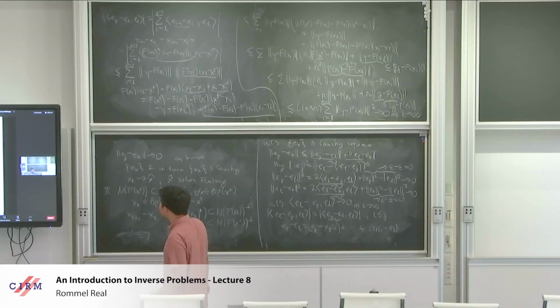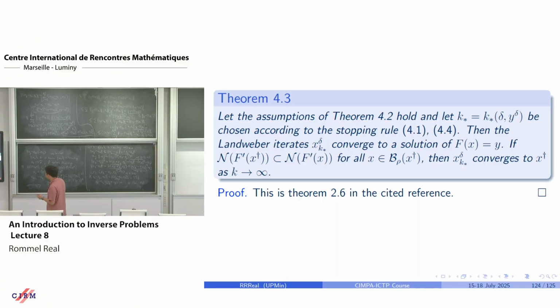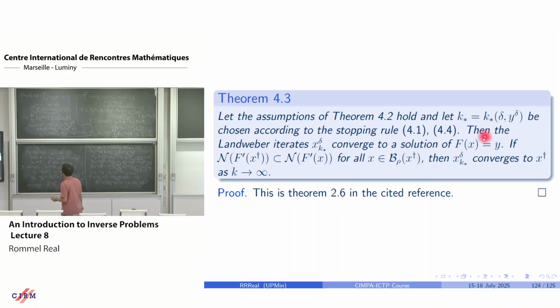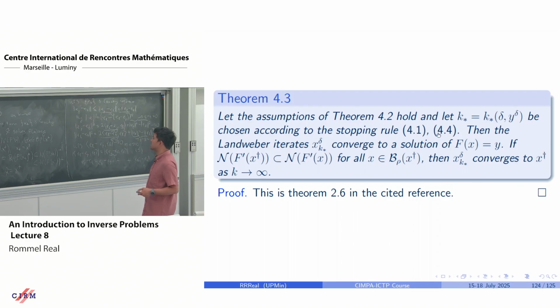And also, by using the same procedure as in the linear Landweber iteration, you can also prove the final result that the sequence of regularized solutions must converge to x dagger.